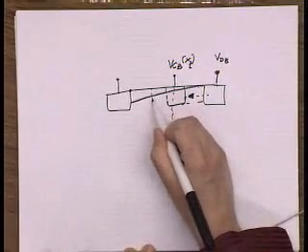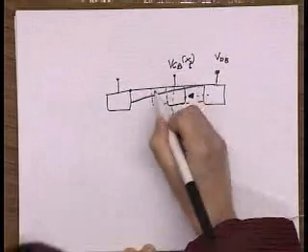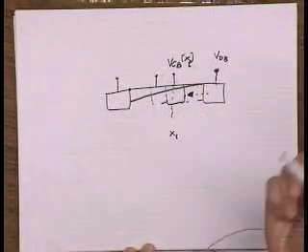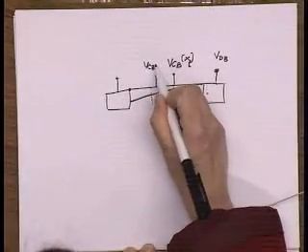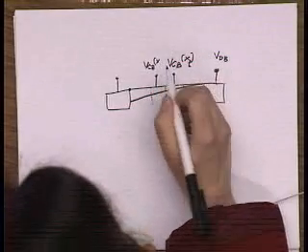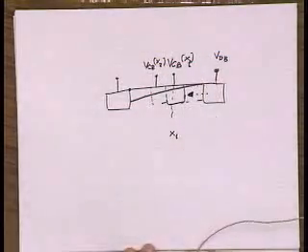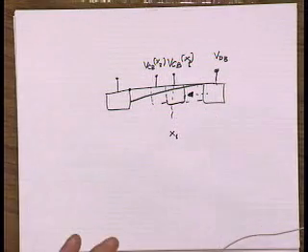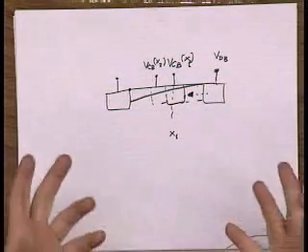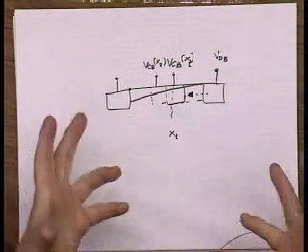If I move a little bit more, I will have another drain, not with VDB, but with the voltage VCB of x2. So that is the meaning of the channel voltage.